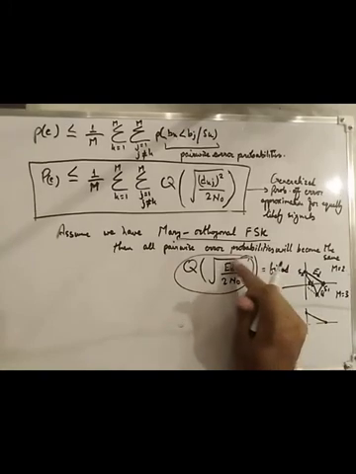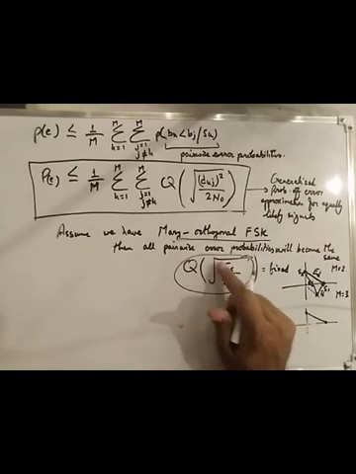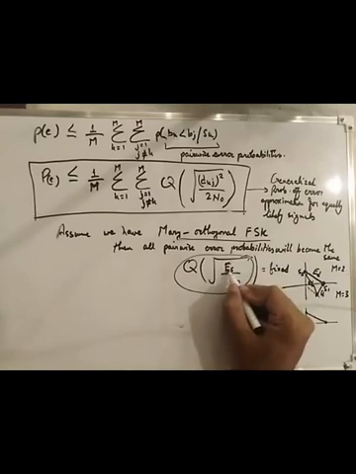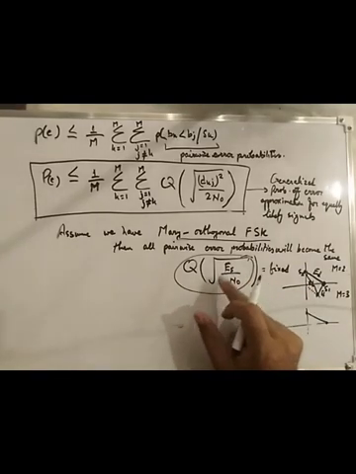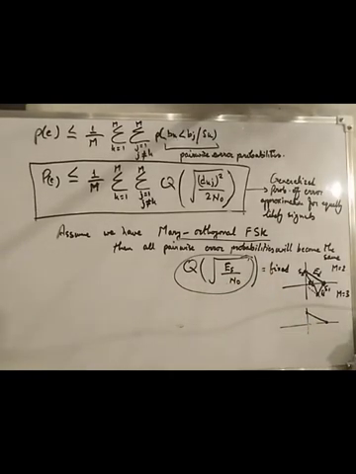I guess E_S over N naught, yes, 2E_S, and then the 2 gets cancelled with the 2 in the denominator, and you end up getting this expression for orthogonals.